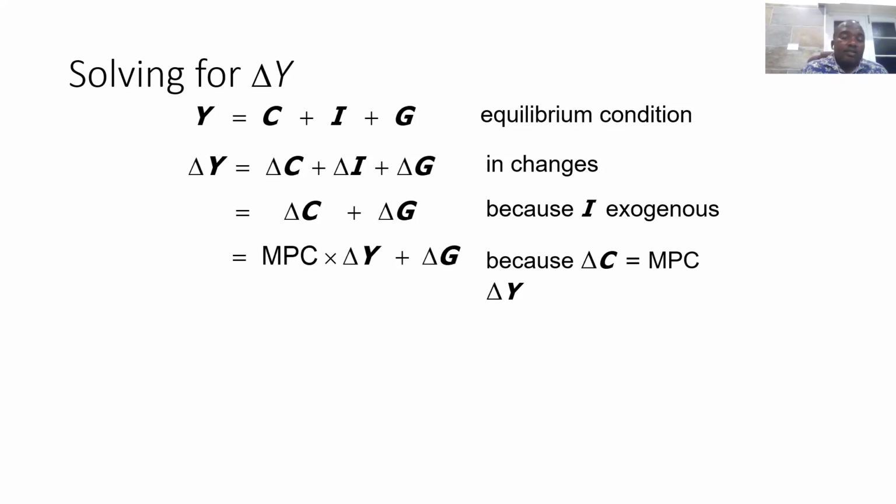But what is the change in consumption expenditure? It's simply the marginal propensity to consume multiplied by the change in national income. So if the change in national income is, say, $100, and our marginal propensity to consume is 0.75, the component of the change in national income of $100 which is devoted to consumption would be 0.75 multiplied by 100, which gives us $75.